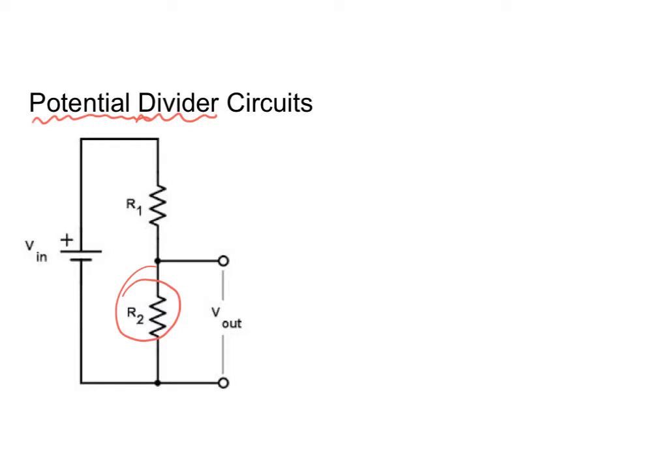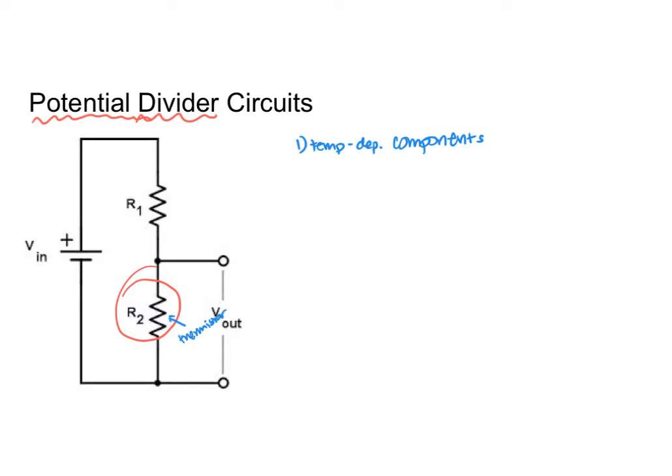First, it's a good way to include temperature-dependent components in a circuit. So, for example, if you want your refrigerator to beep when the door's left open, you can put something like a thermistor here where we have R2.